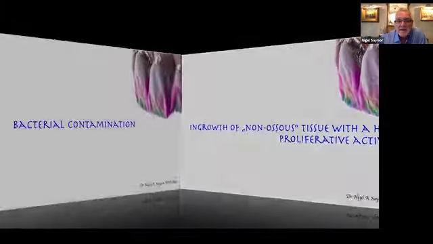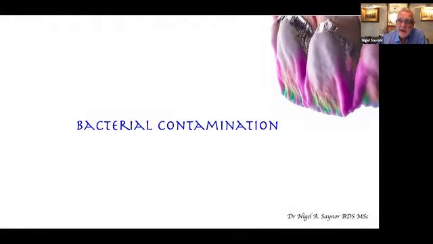And then if we have a bacterial contamination into that defect, all of those factors, if you think about the 4 phases of bone healing, if any one of those 4 phases are overwhelmed by any of those features, then healing is not going to take place.